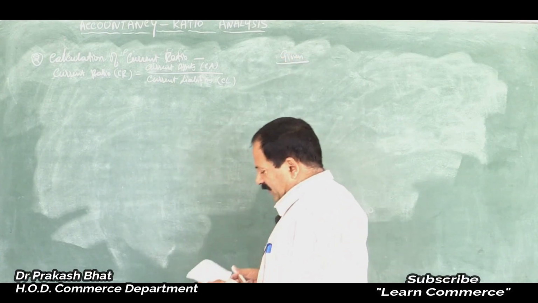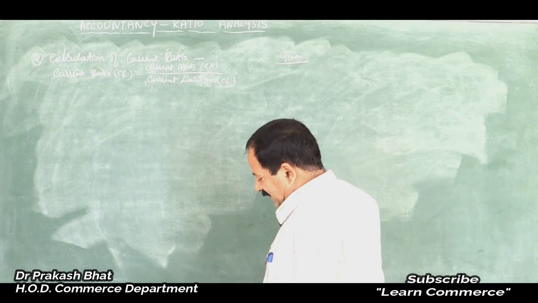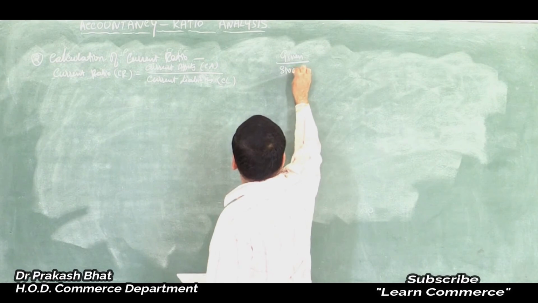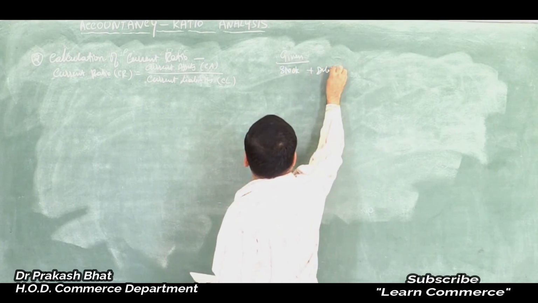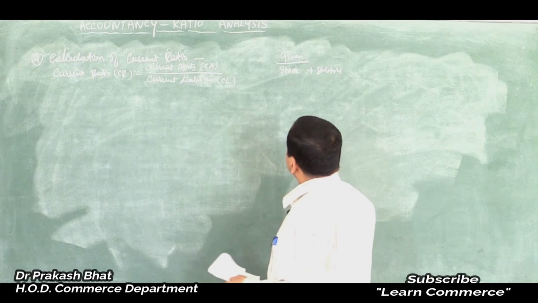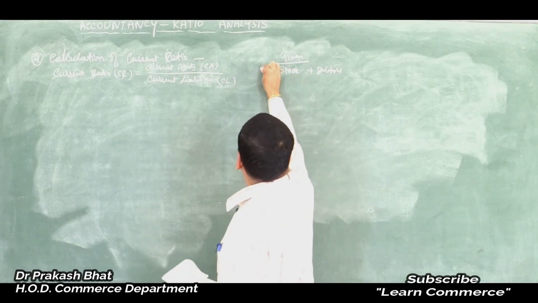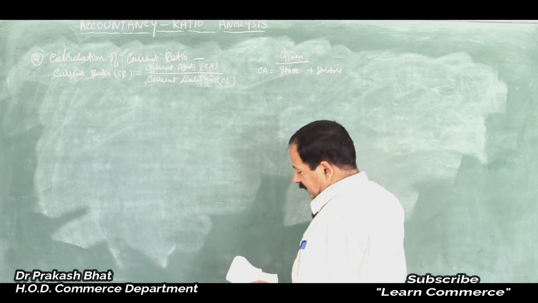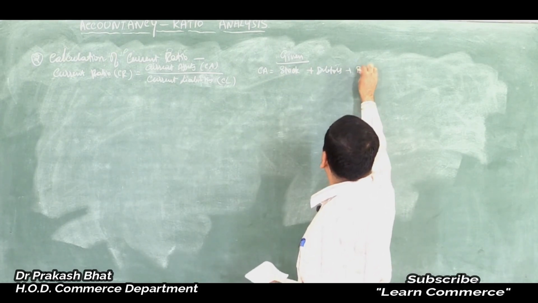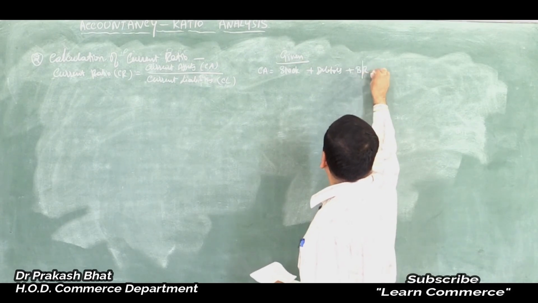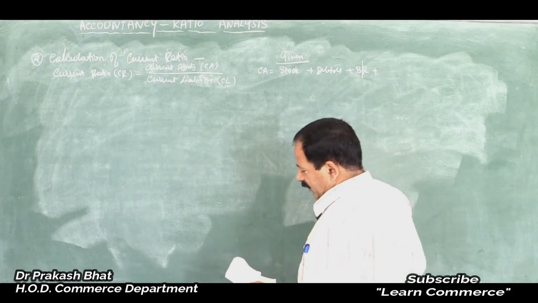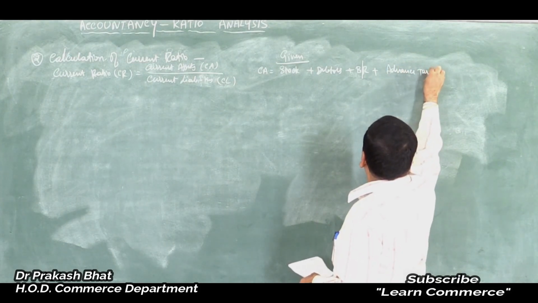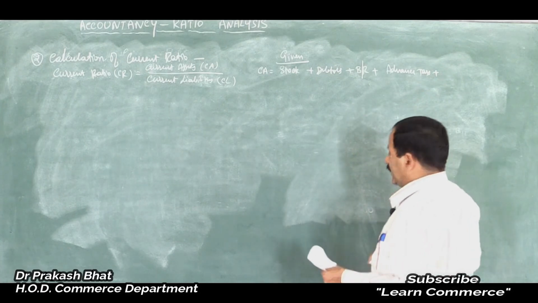Right, one by one. Stock, debtors, bills receivable, advance tax, and cash. Correct? CA is equal to stock plus debtors plus bills receivable plus advance tax plus cash.